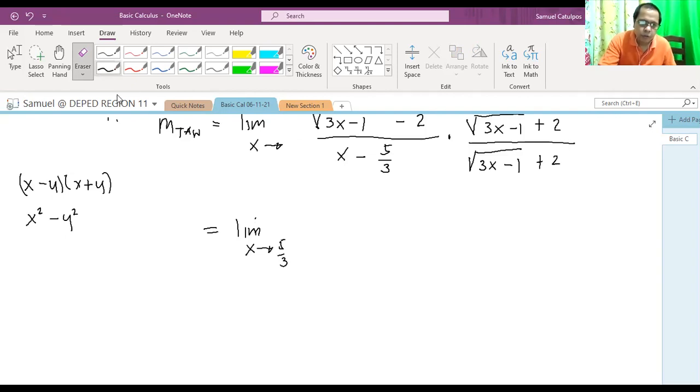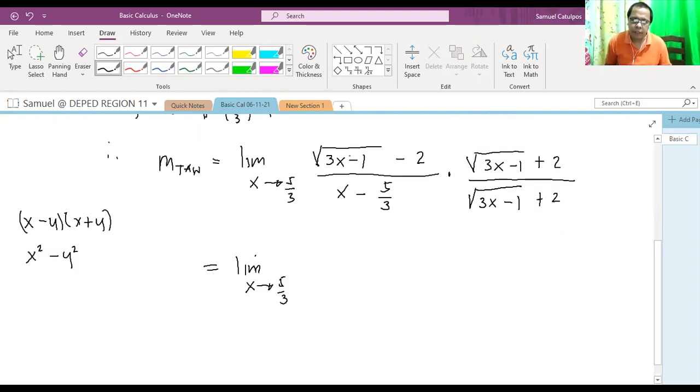Substitute na nato tanan value. Okay, so this is also as x approaching to 5 over 3. So therefore, kung x times x, di ba? Ay, tama, mag-square man na siya. Square root of 3x minus 1 times square root of 3x minus 1 is just equal to square root of 3x minus 1 squared.